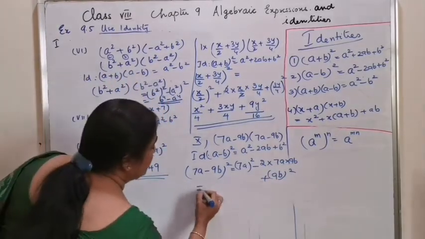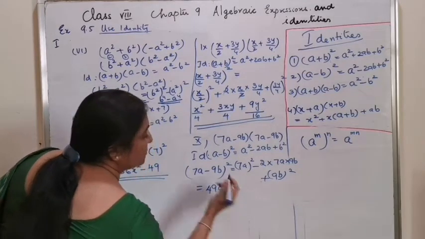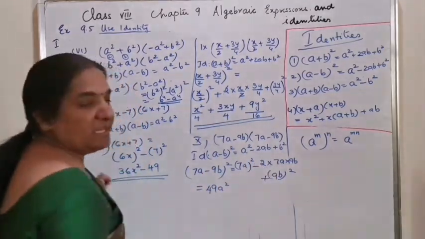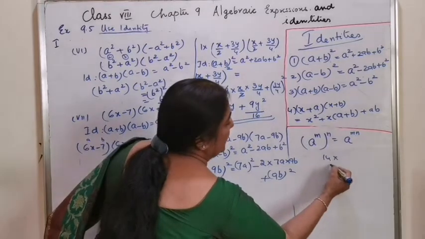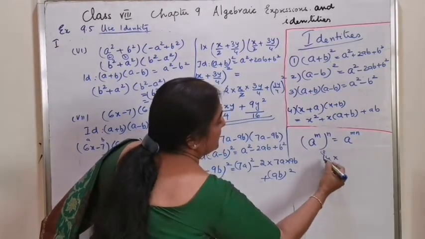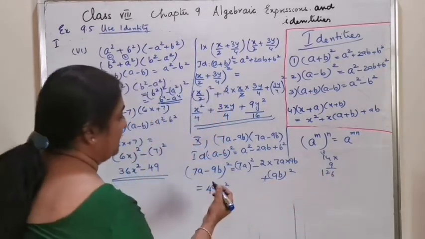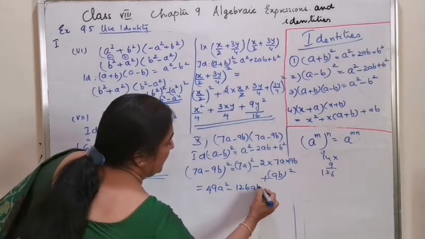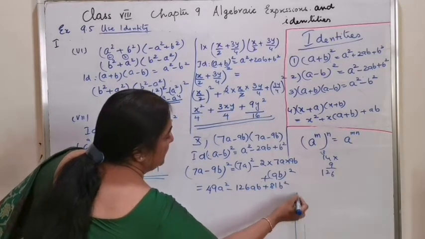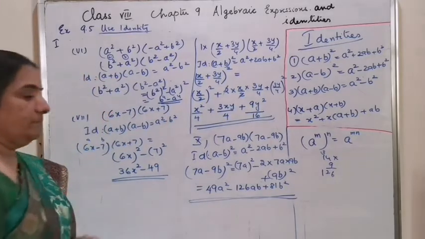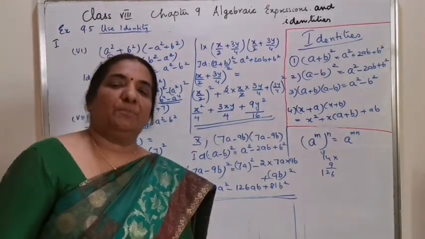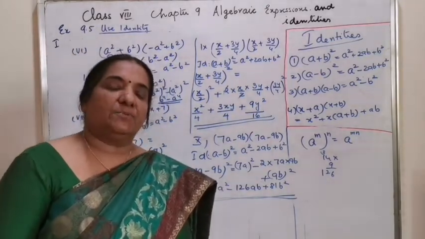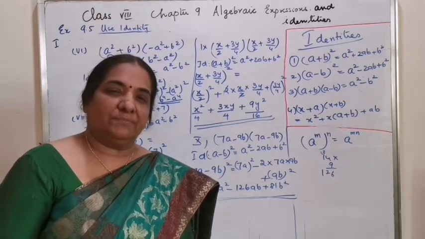What is the final answer? 49a square. 2 7s are 14. What is 14 into 9? 9 4s are 36, 9 plus 3, 12. Minus 126ab plus 81b square. So under each problem, write the identity so that it will be thorough in your mind.